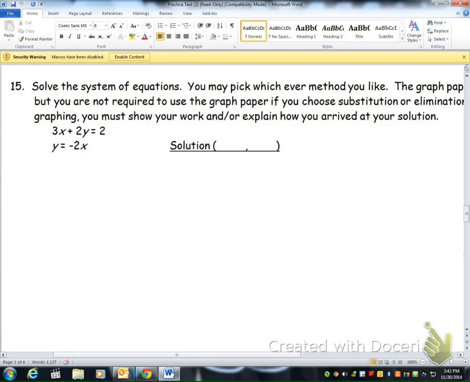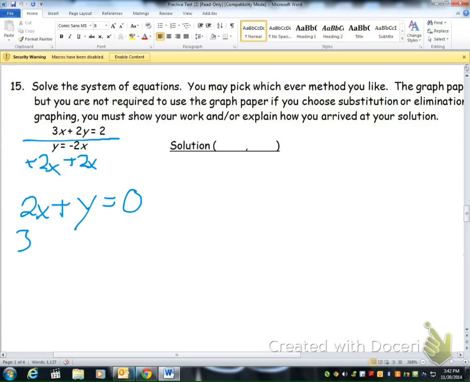substitution. If you're going to do elimination, you need to understand that for elimination, your x and y have to be on the same side of the equation, and your constant needs to be on the other. So let's say I was going to solve this one using elimination. Then the first thing I would have to do is add 2x to both sides of the equation on the second equation. So that way I would have 2x plus y equals 0.